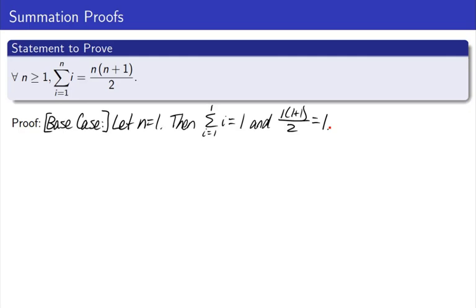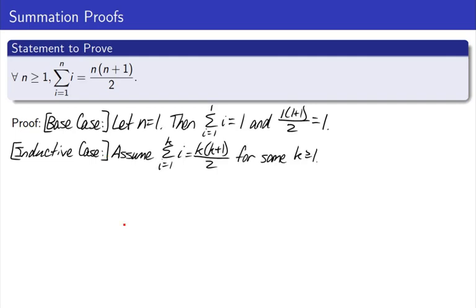Now let's go to our inductive case. Again, for induction, we start out by doing the base case, but then for the inductive case, we assume that the statement is true for some k, and show that the statement is true for k plus 1. Assume that the summation, i equals 1 to k, of i, is equal to k times k plus 1 over 2 for some k greater than or equal to 1.